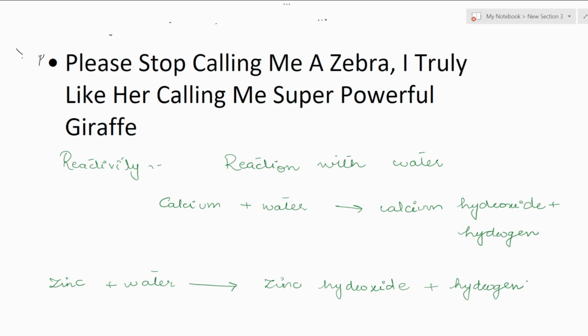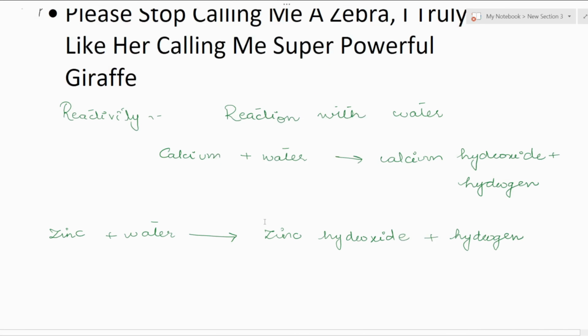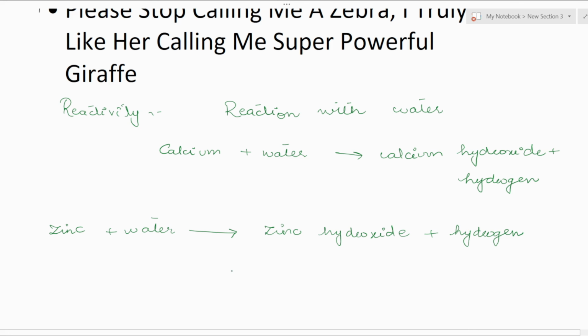But when non-metals react with water, they give an acidic solution. For example, chlorine forms HCl, and fluorine forms hydrofluoric acid. So we need to know the difference between metals and non-metals, because further on we have to discuss acids and alkalis. Metals form alkalis and non-metals form acids.